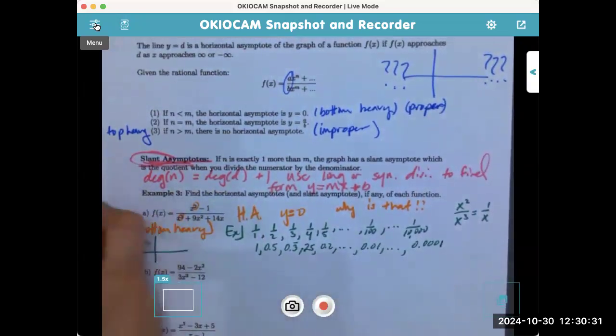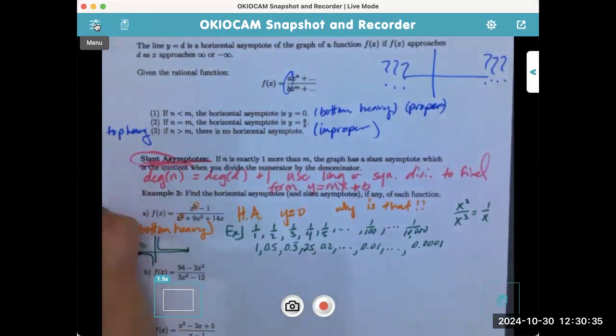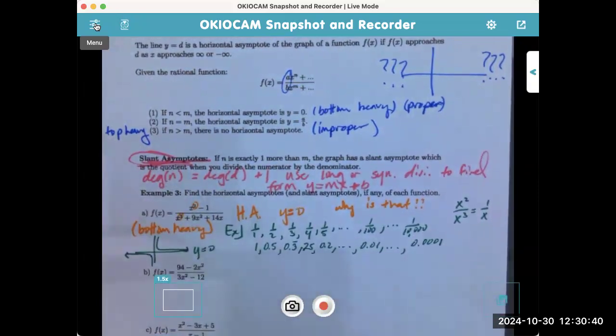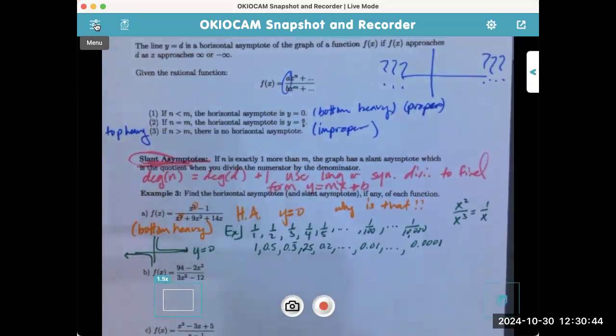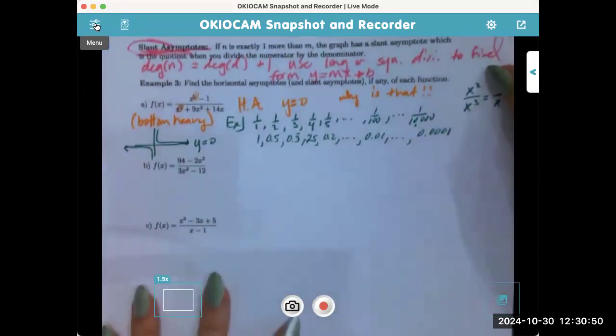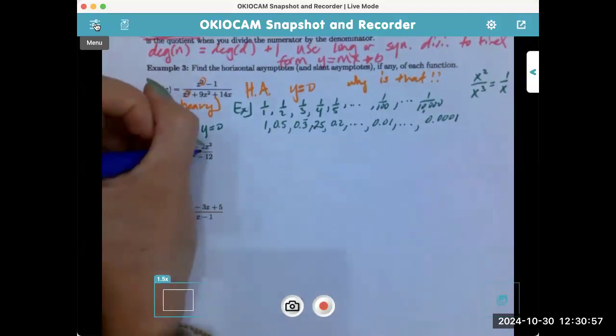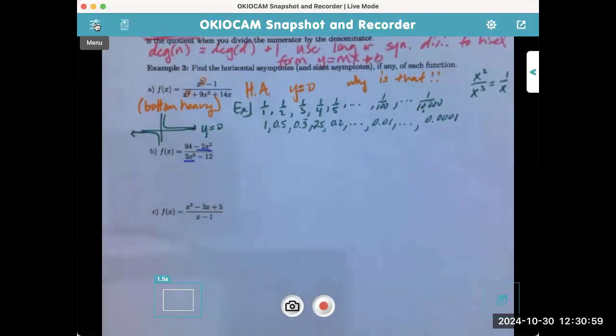So this is why, if you are bottom heavy, your horizontal asymptote is the line y equals 0, because your numerator is going to be relatively small compared to your denominator, which is going to get big, big, big. Now here, again, we want leading terms, so make sure that you're looking at the right term.